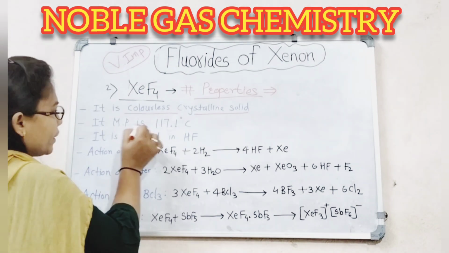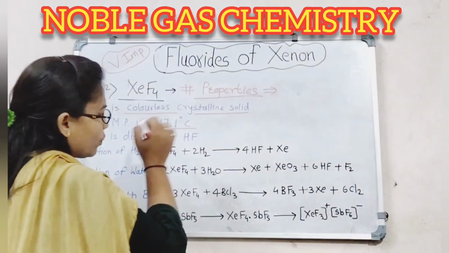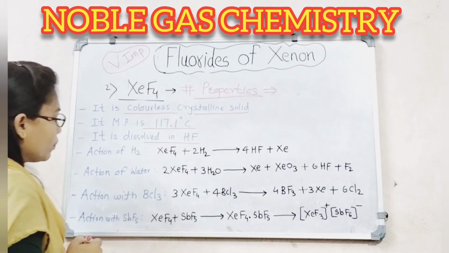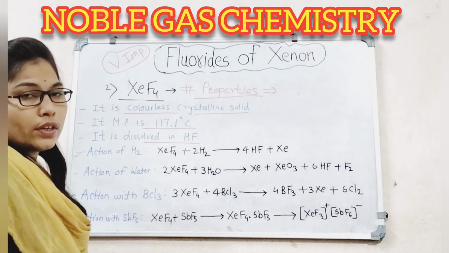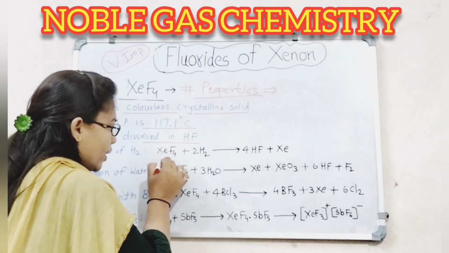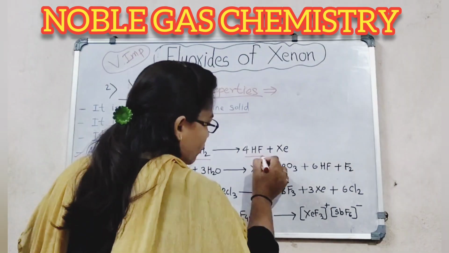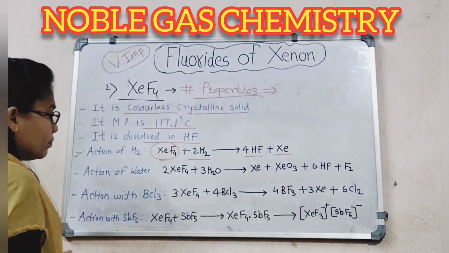Its melting point is 117.1 degrees Celsius and it dissolves in HF. Then action of H2. When xenon tetrafluoride reacts with hydrogen, it gives hydrogen fluoride and xenon.